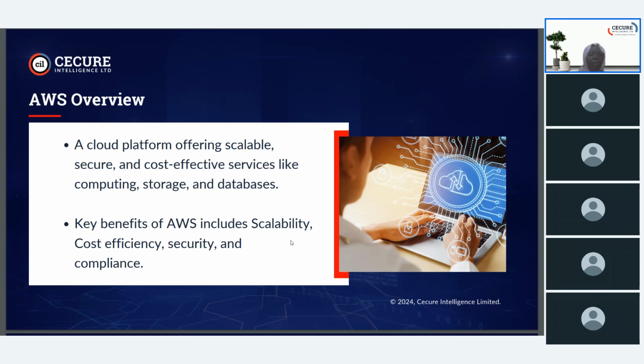AWS is the foundation behind some of the services that we use every day. Think about Netflix, think about Airbnb, think about Lyft. When millions of users stream movies or book accommodations, it is AWS infrastructure that handles traffic spikes without any downtime.